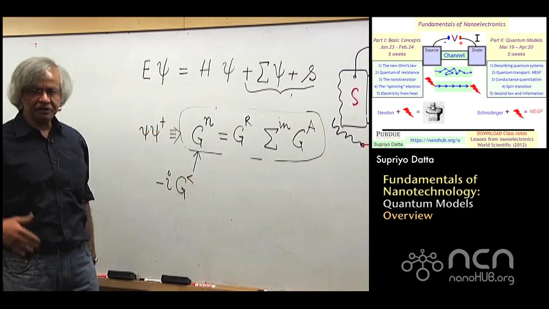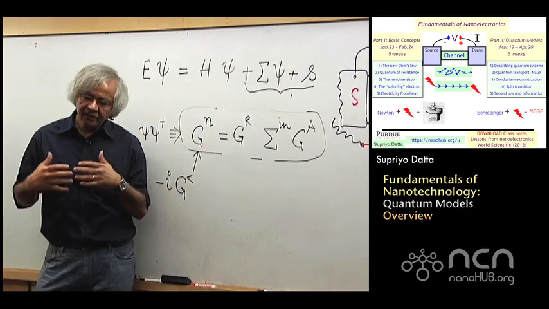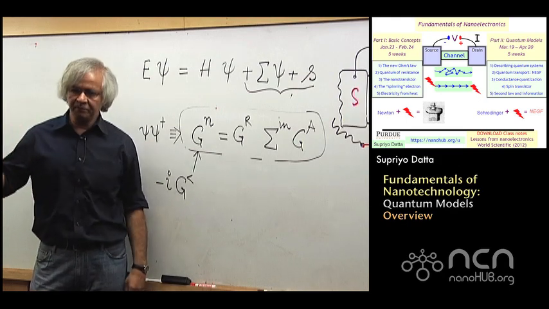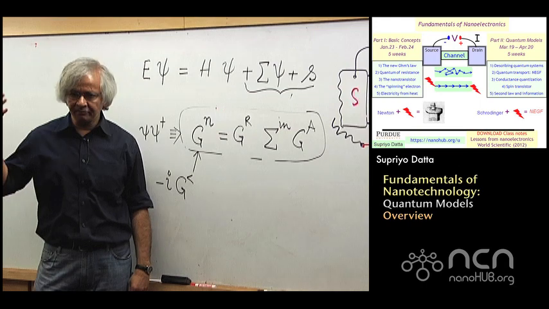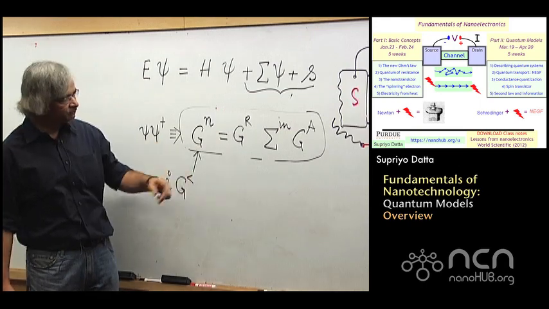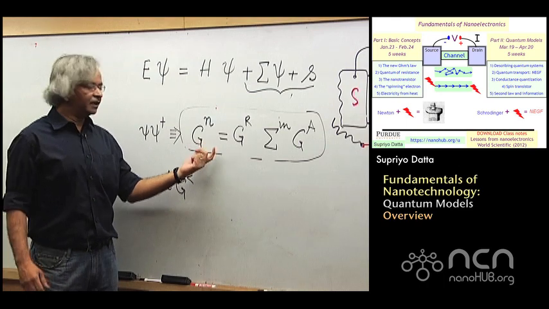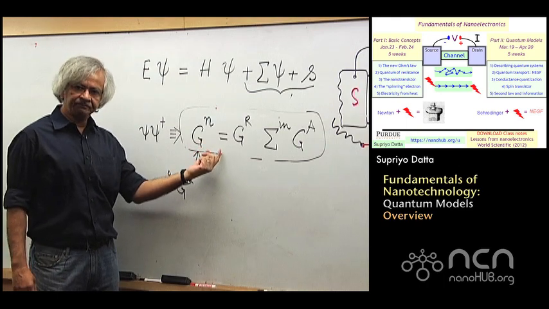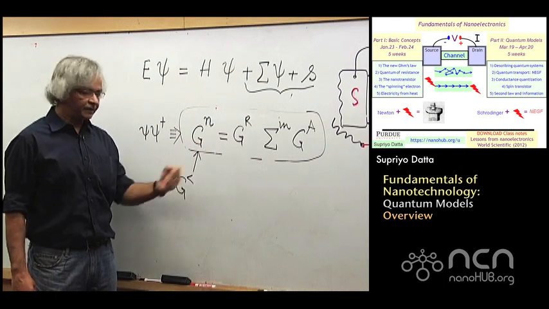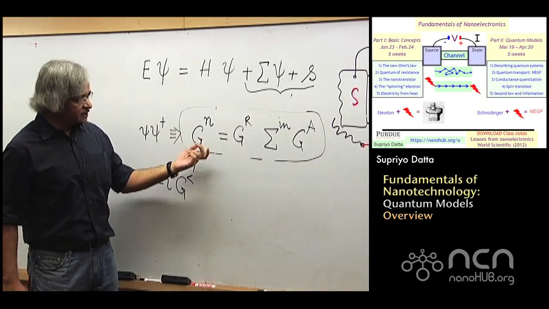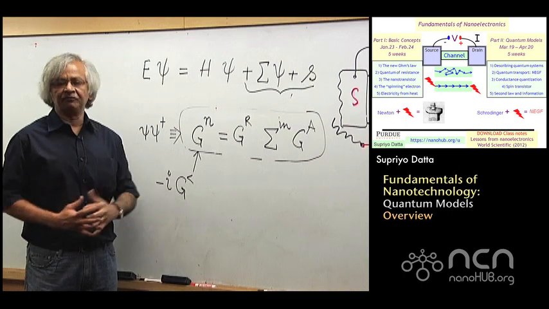This whole thing started back in the 60s with the work of many people, Schwinger, Kadanoff, Baym, Keldysh. In fact, this equation, although the notation is a little different, you can see in a 1965 paper by Keldysh. And that of course required fairly advanced formalism.